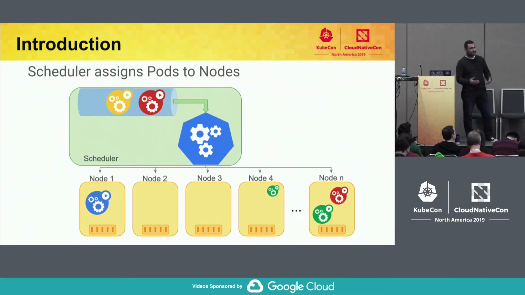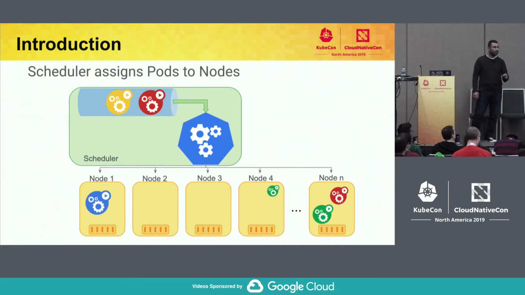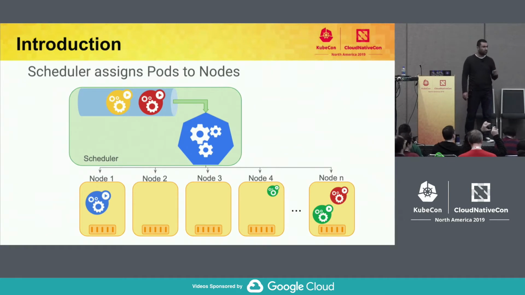It doesn't actually create and run the pod on the node. The only thing it does is create a sub-resource in the pod object that says pod X should run on node Y. Once this happens, the assumption is that the kubelet that runs on the node assigned to the pod should pick up that pod, create the pod, and start it up. At that point, the scheduler is handed off and has nothing to do with the pod.